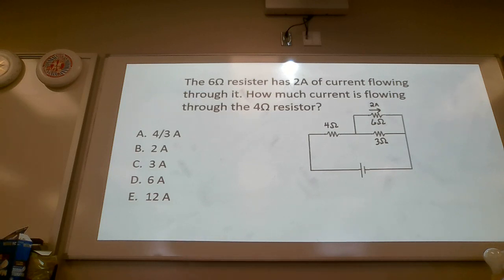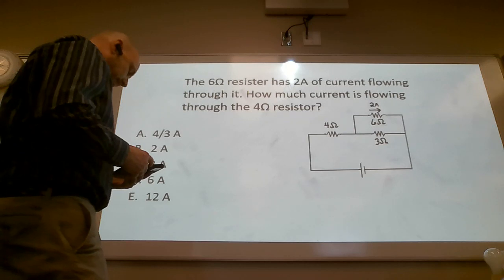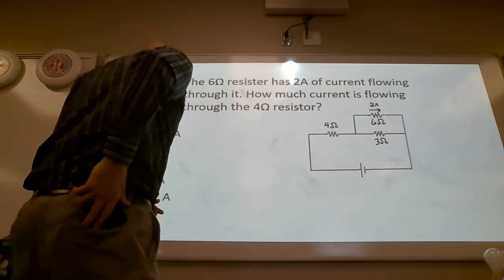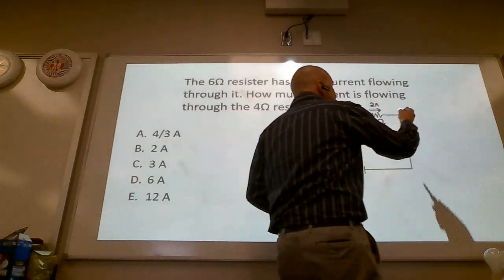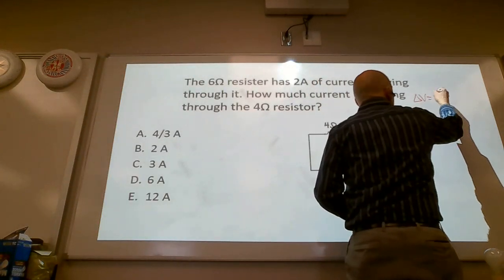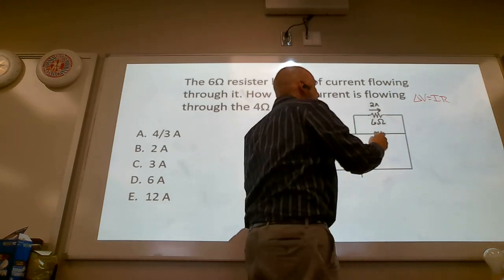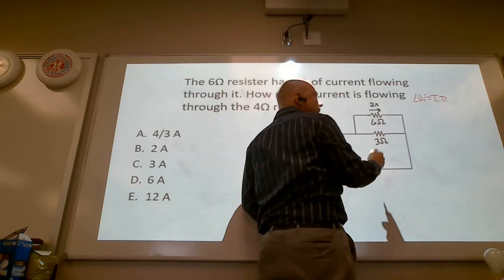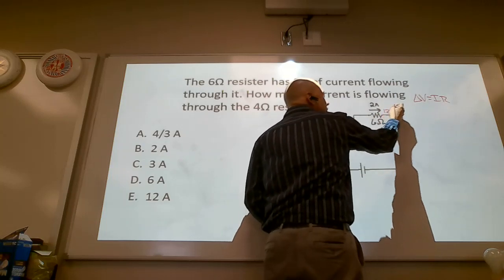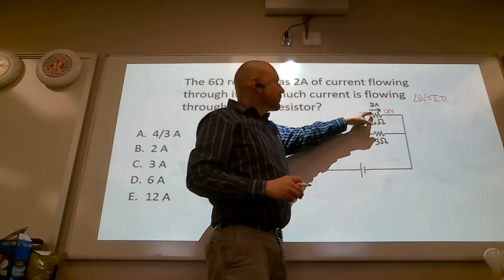here we go. So I'm using Ohm's law like crazy. That's normal. Here I've given you the current and the resistance. I'm going to find the voltage, 12 volts, across that one resistor.